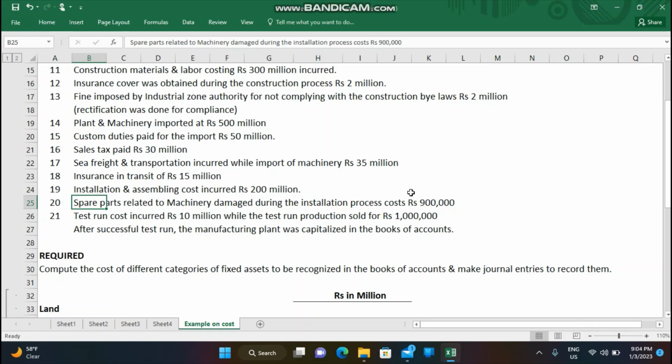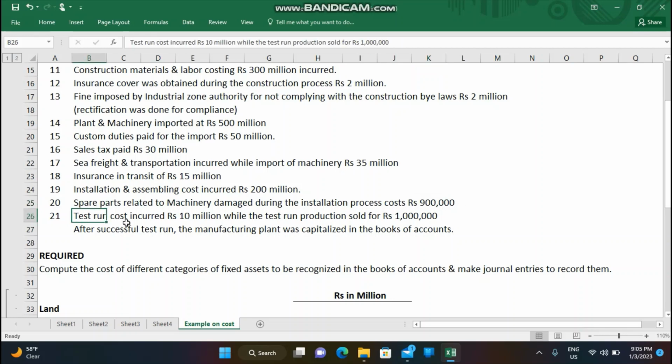So it cannot be called a directly attributable cost. Okay, so this 900,000 will not be included in the cost of plant and machinery. Instead, it will be recorded as a loss, and it will be immediately expensed out.